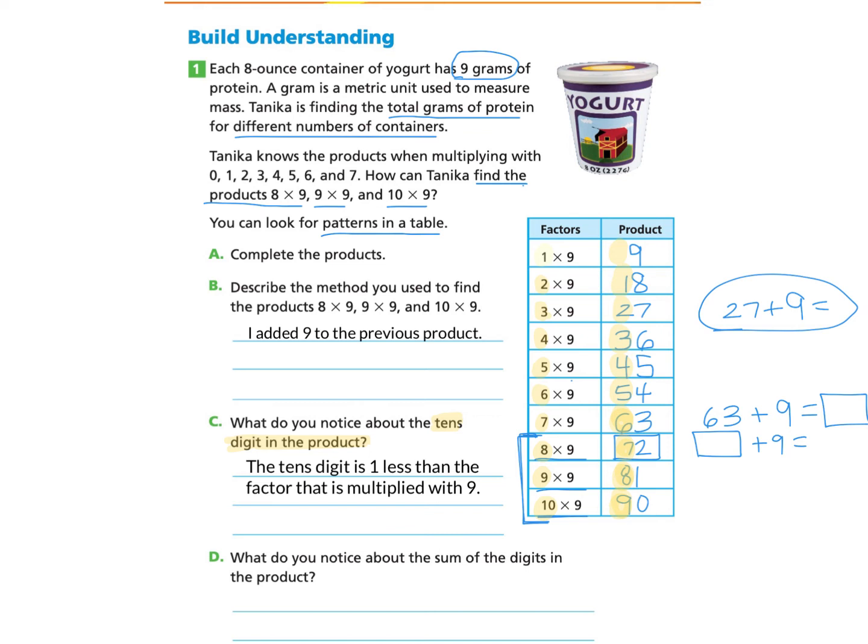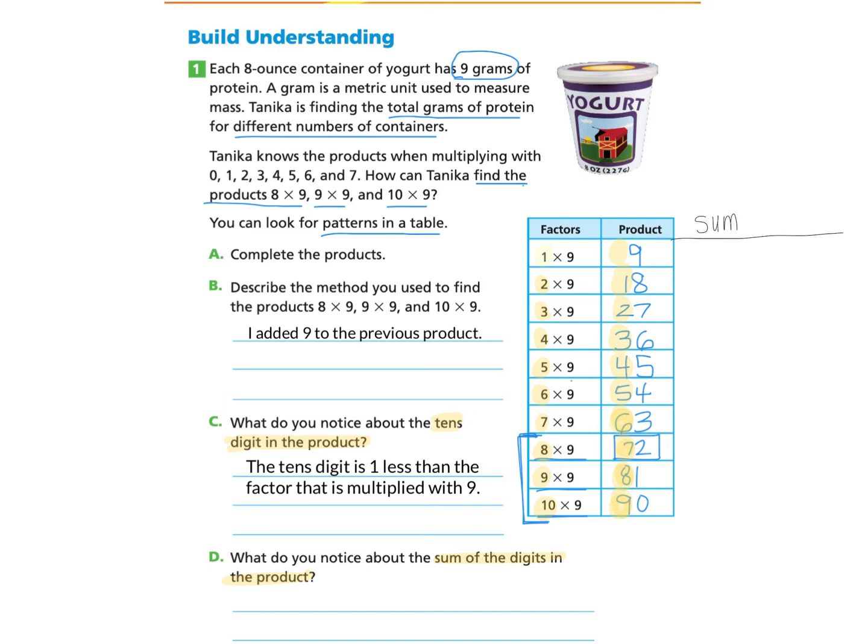Part D, what do you notice about the sum of the digits in the product? I'm going to go ahead and erase some of my work on the columns to make room so that we can take a look at Part D. Part D is asking for me to take a look at the sum of the digits in the product.